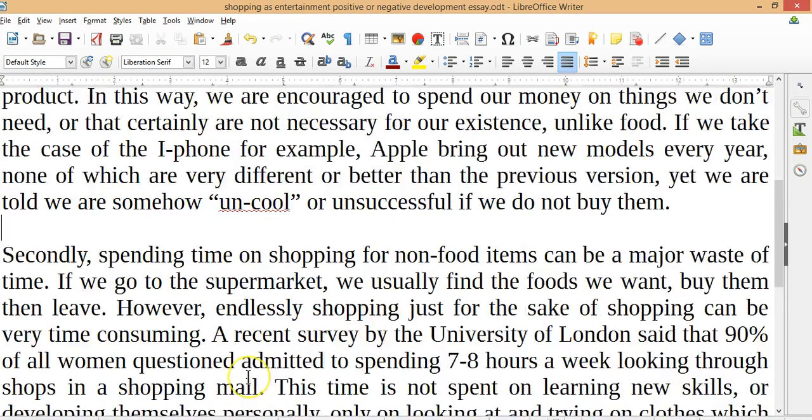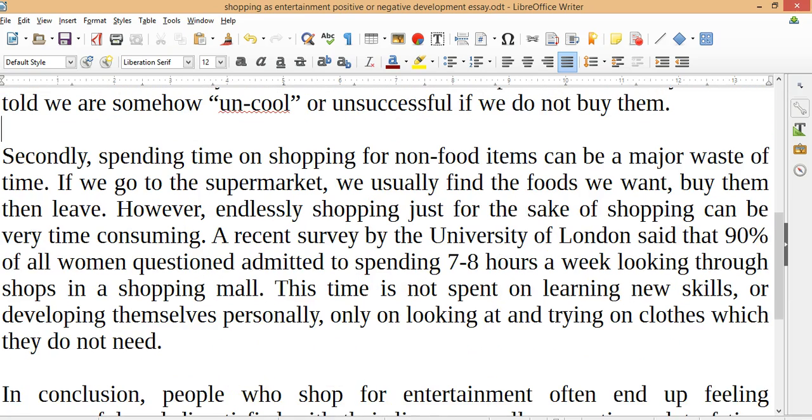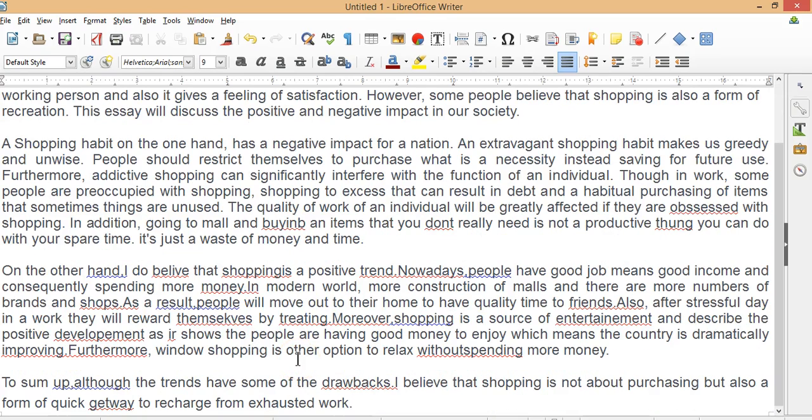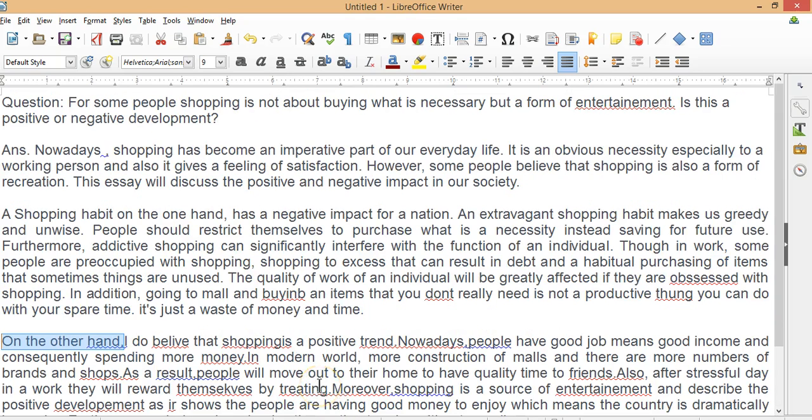Okay, so let's look at paragraph number 3. Let's see what else we've got. Now, on the other hand, so as I said, it's not a discussion essay. So you don't need to look at both. So for task achievement, you would be losing marks here because it's saying, is it positive or not? Tell me why.